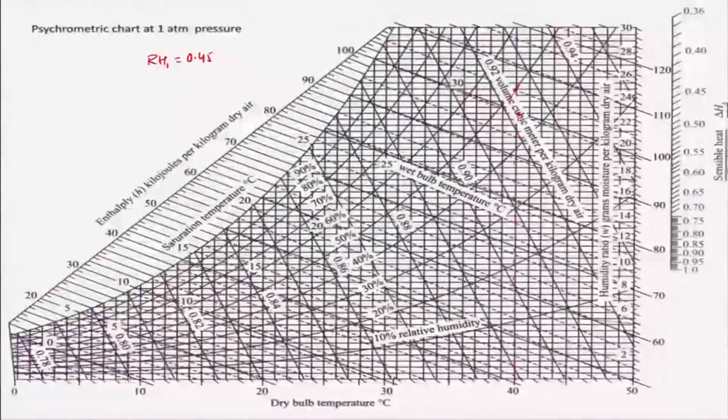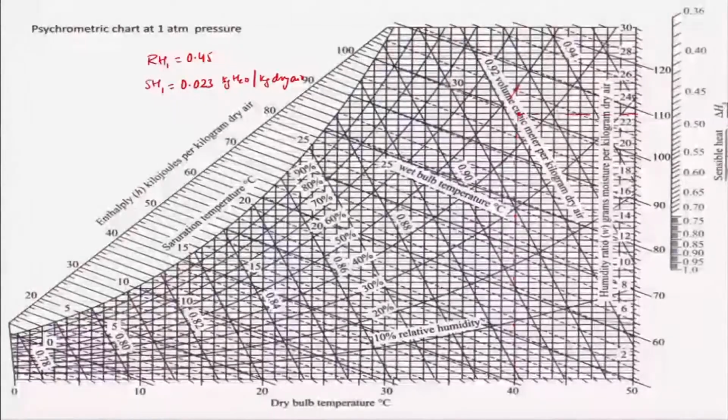And then I want the specific humidity. How will I get it? I go from this point directly here. This is 22, and this will be something like 23. That means I got SH1 equal to 0.023 kg of water per kg of dry air. This is in grams, therefore it will be 23 grams.